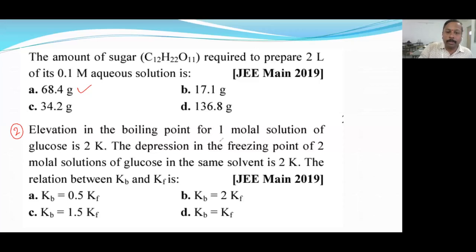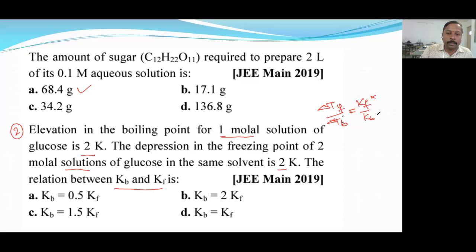So the elevation in boiling point of a 1 molal solution is 2. Then the depression in freezing point of a 2 molal solution is 2 K. The relation between Kb and Kf is simply delta Tf by delta Tb. A similar question we have done in the advanced. It is Kf by Kb, and molality is the same.